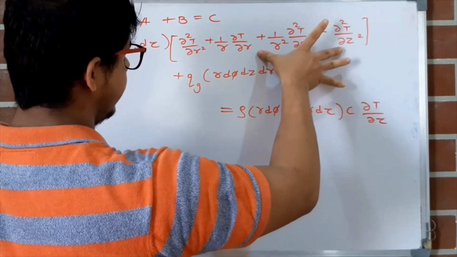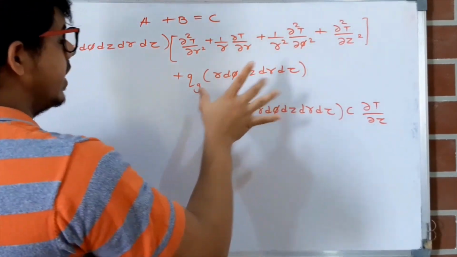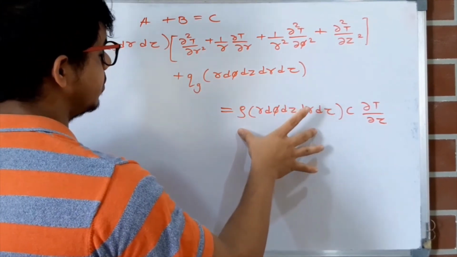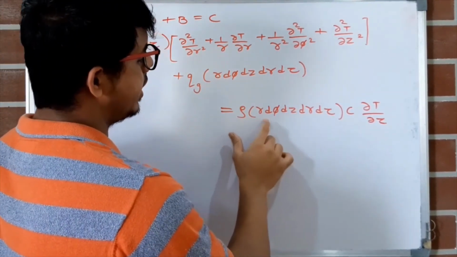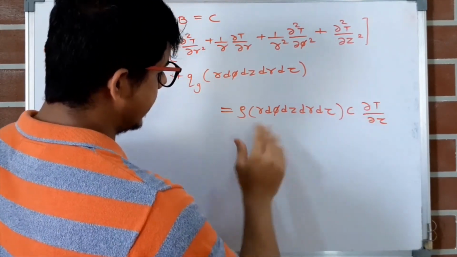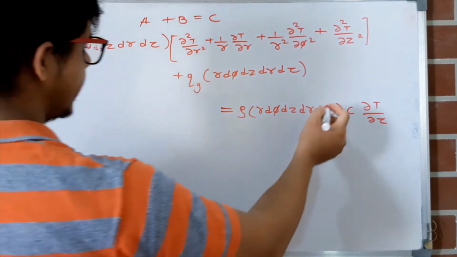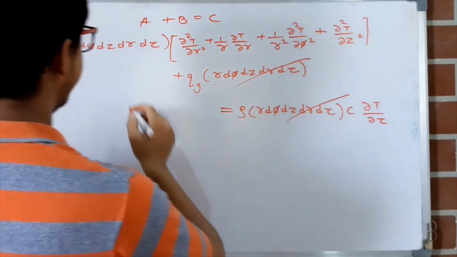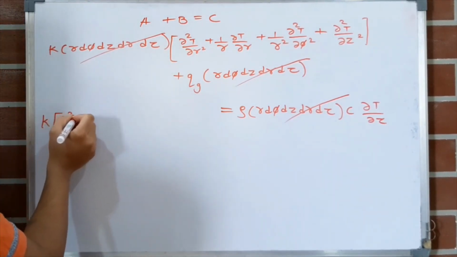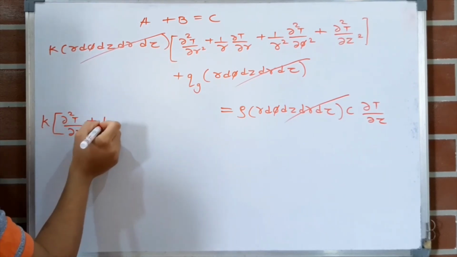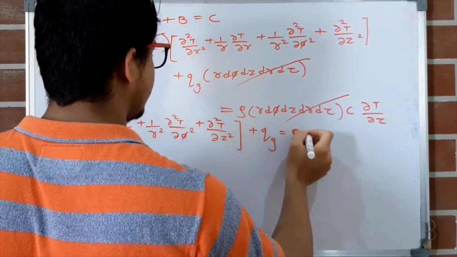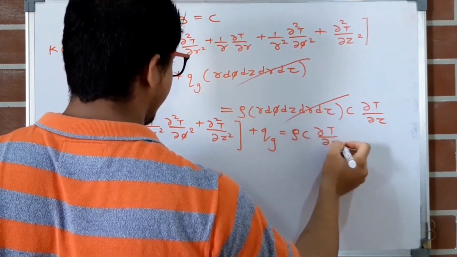This is for part A. Now plus part B, so it is Qg into R d phi dz dr d tau, which is equal to part C, rho into R d phi dz dr into d tau into C into del T by del tau. You can see that this common part will cancel from both sides. So we finally get K into del square T by del R square plus 1 upon R plus Qg equals rho C del T by del tau.